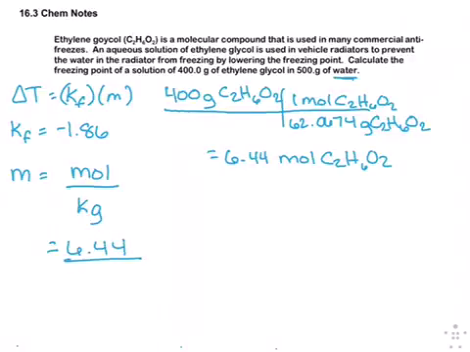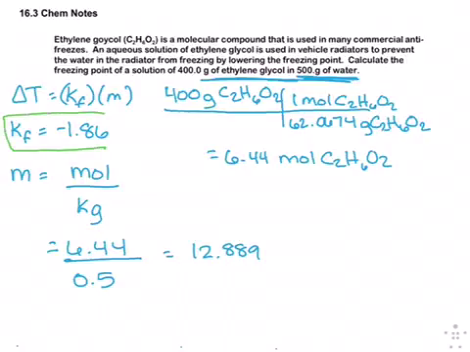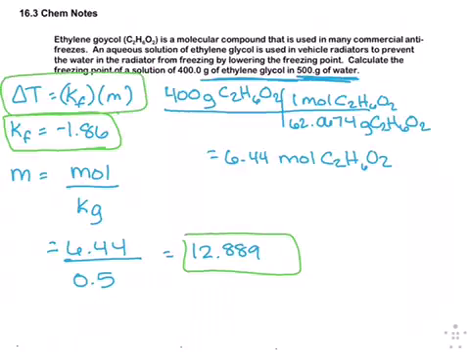So now we can calculate its molality. 6.44 over the kilograms of the water, sorry, so 0.5. And you get your molality as 12.889. So now we can use the constant and the molality in this equation right here.